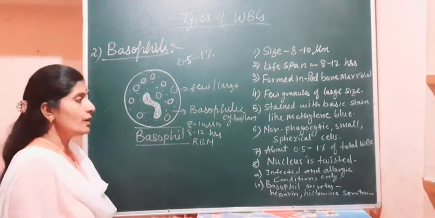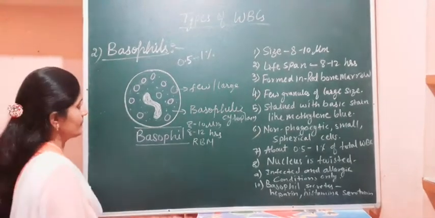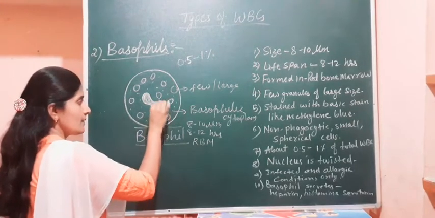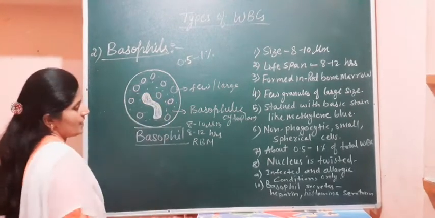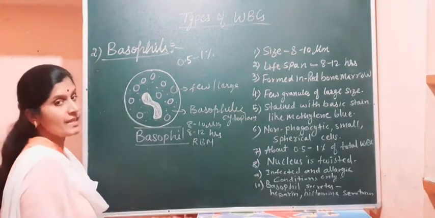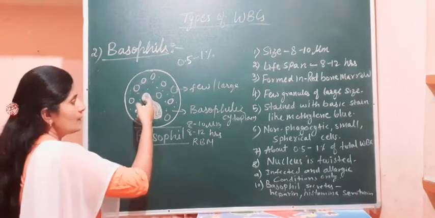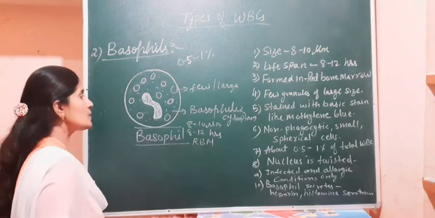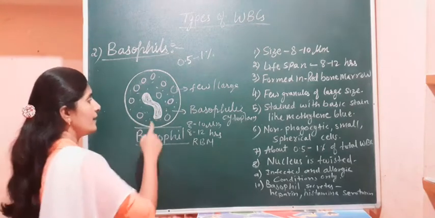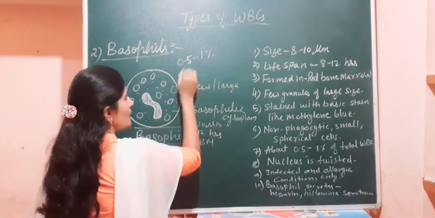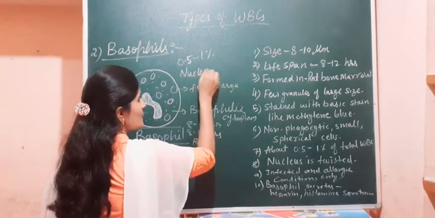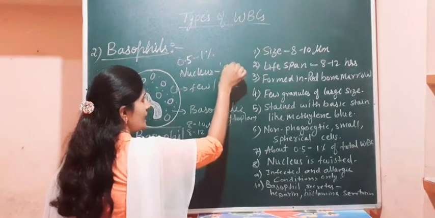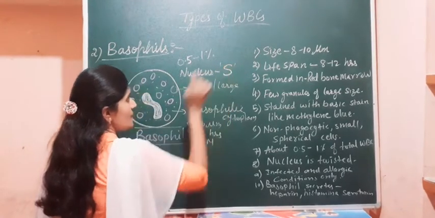Next, the nucleus of these cells. When you see this nucleus, it is twisted. The nucleus is twisted, and it looks like the letter S. S shaped.